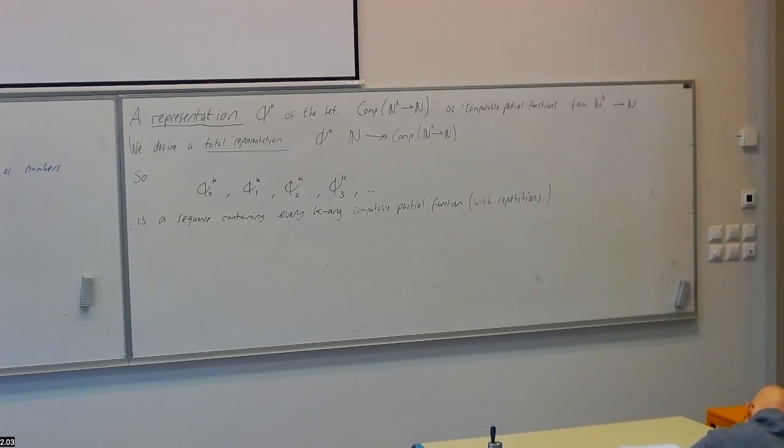We simply take our word encoding the Turing machine and then encode that word as a number. So this is a natural number encoding the Turing machine M.